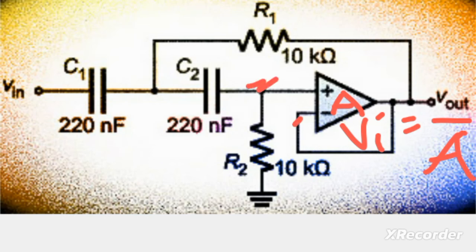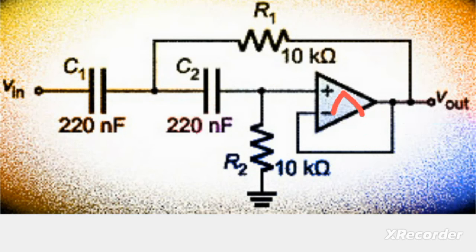So if the gain is assumed to be very high, ideally infinity, that means the differential input voltage VI has to be 0, and that implies there is no difference between the voltages applied at the positive and the negative pin of the amplifier. We say that the op-amp output voltage will be 0 and gain is infinite, as we assumed earlier. So that's the behavior of your operational amplifier that we have found out.